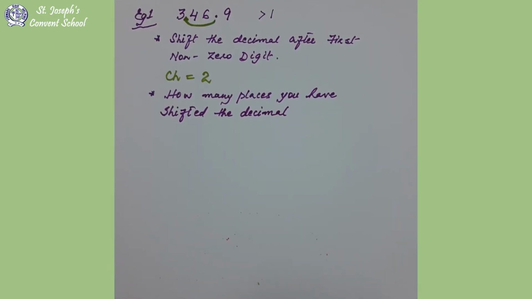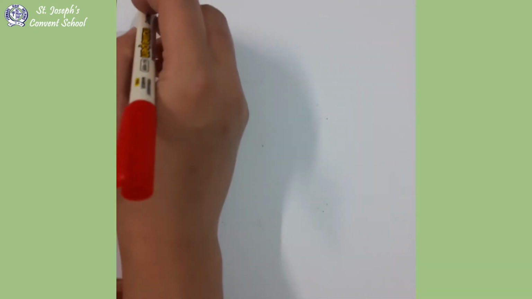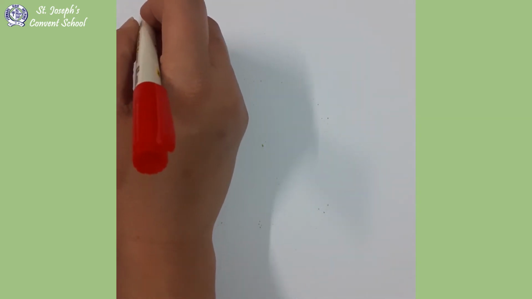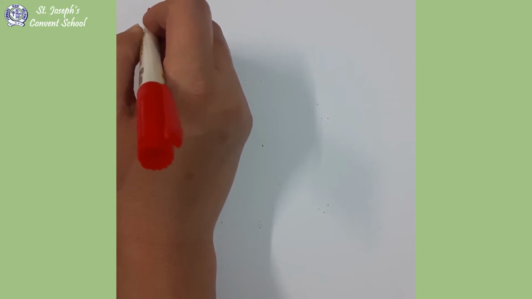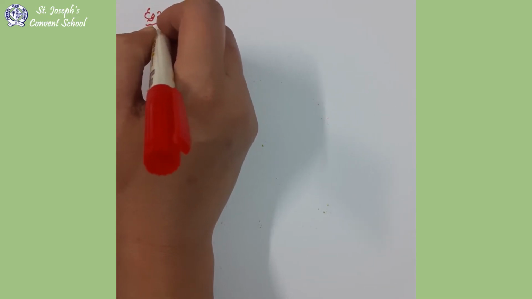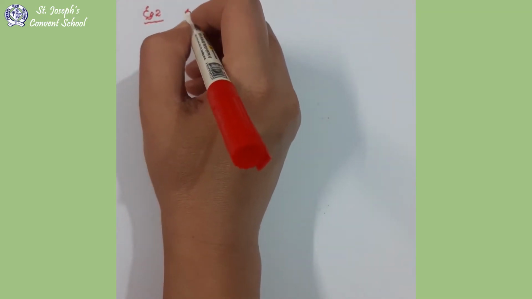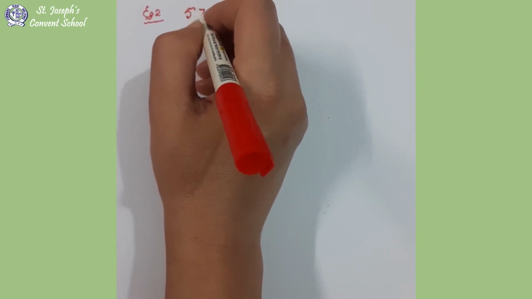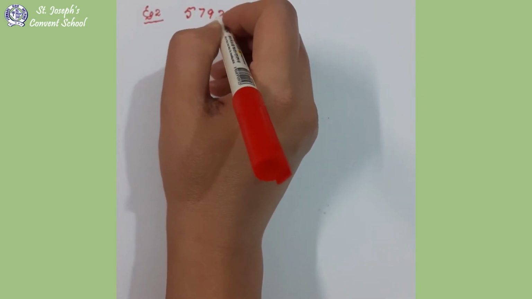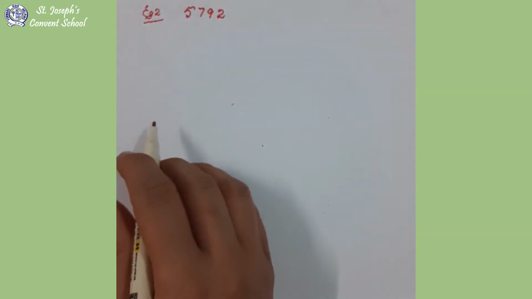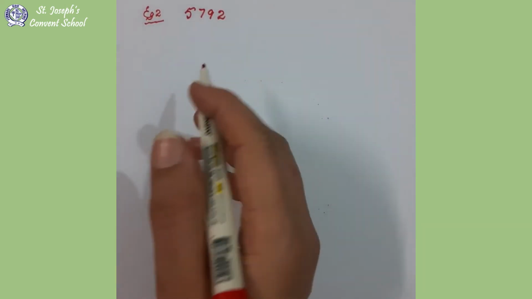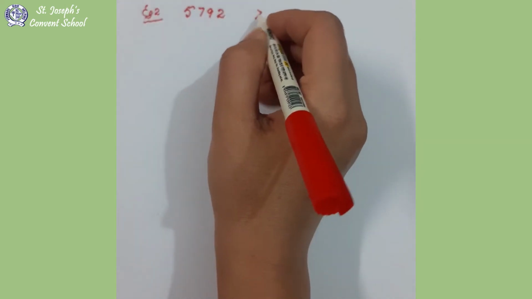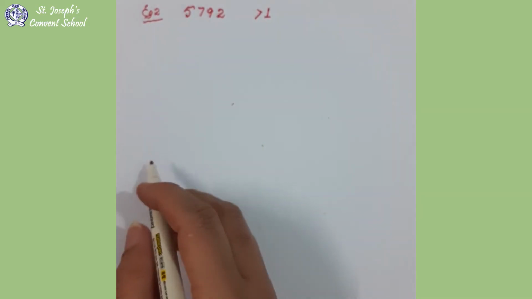I'll give you more examples. Let's do example number 2. We are doing examples of positive characteristics. In example 2, the number is 5792. You have to find the characteristic. This number is greater than 1, so you will get a positive characteristic.